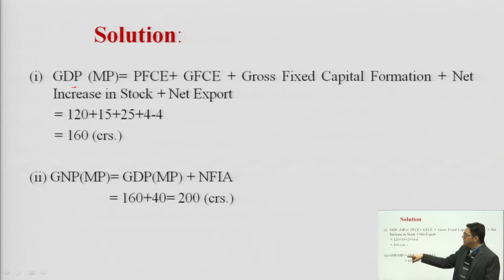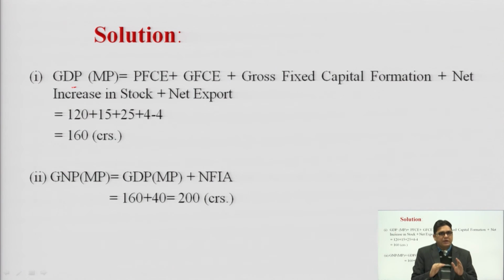If the question says we have to move from GDP at MP to GNP at MP, the G and G is the same, only the D and N differ. So, we will add the net factor income earned from abroad, and the P and P will remain the same.